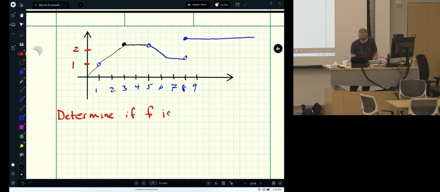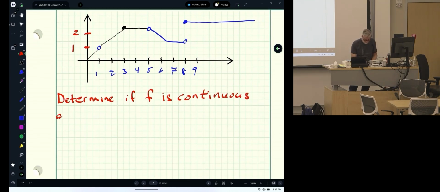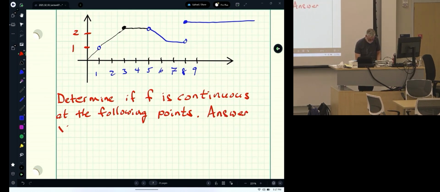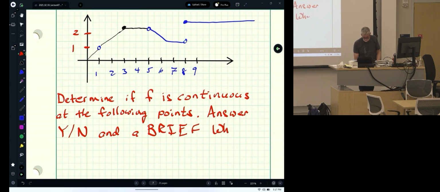Determine if f is continuous at the following points. Answer just yes or no, and a brief why.